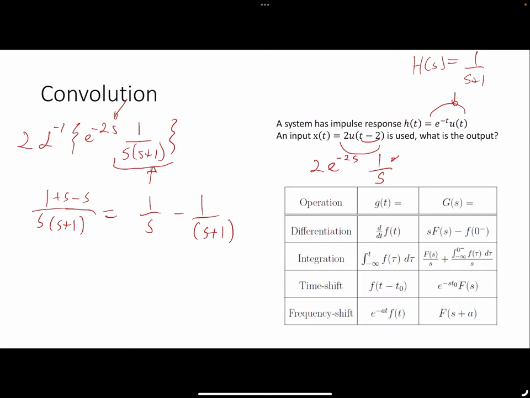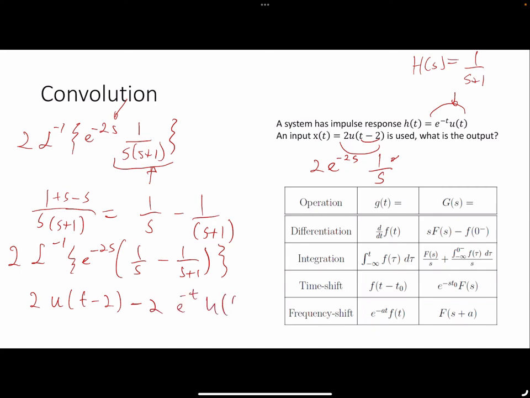Now we need to take the inverse Laplace of e to the negative 2s times 1 over s minus 1 over s plus 1. And then we're just going to get 1 u of t minus 2 minus e to the negative t minus 2 u of t minus 2. That's our answer.